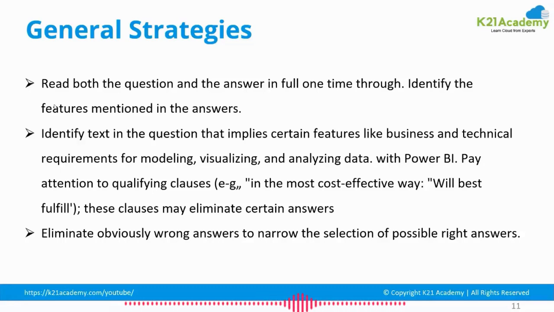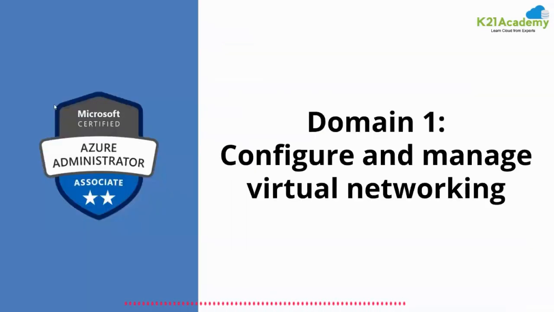In those questions, you can remove a few options which don't apply to those scenarios, and then you'll be left with fewer options, where you have a higher probability of giving the correct answer. Eliminate obviously wrong answers to narrow the selection. That is the same thing, right? If you apply the first one, the second and third will automatically get cleared out.